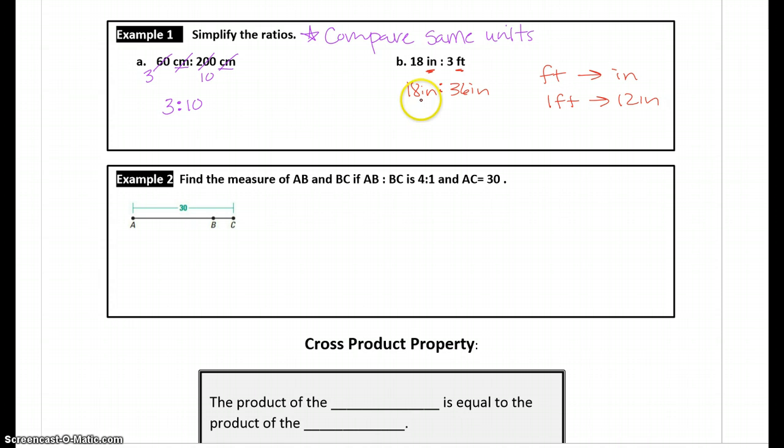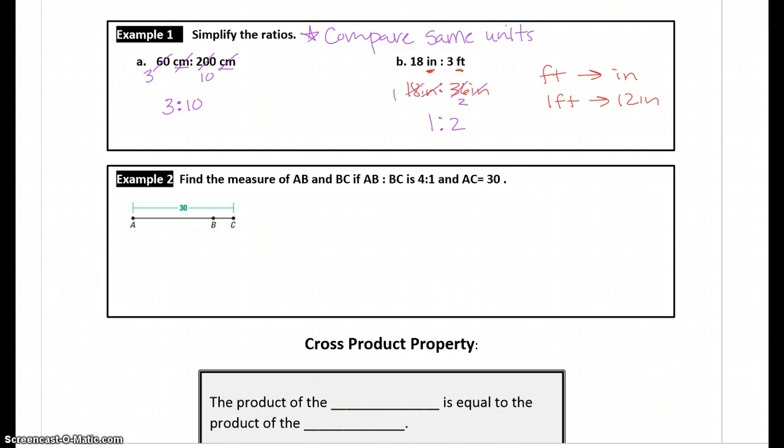So we're comparing 18 inches and 36 inches. Now, since they are like terms, or the same units, we can simplify. So the inches are going to cancel, and 18 goes into 18 once, 18 goes into 36 twice. So we have a simplified ratio of 1 to 2.